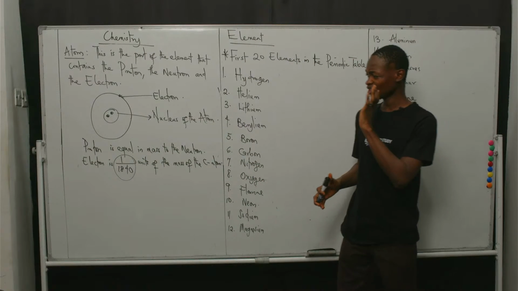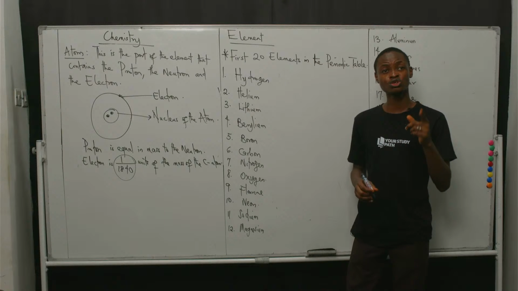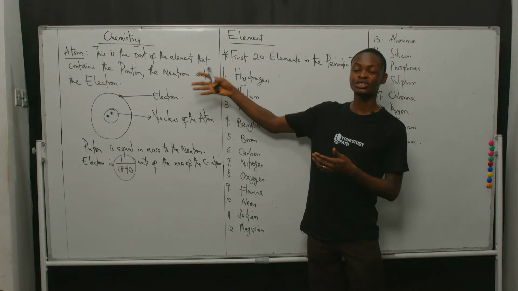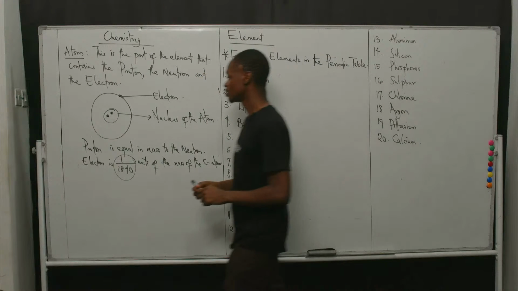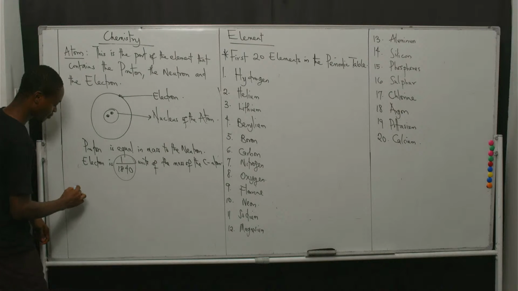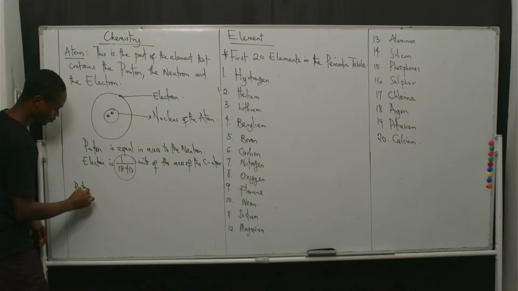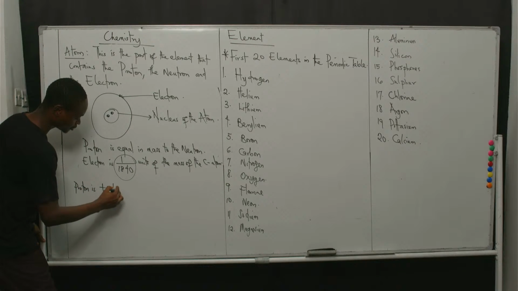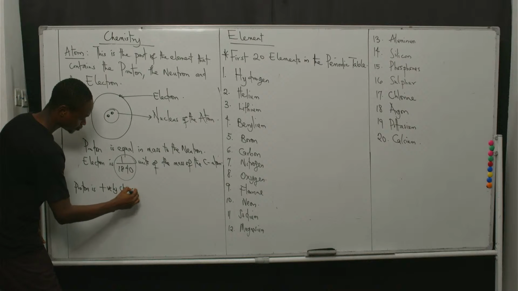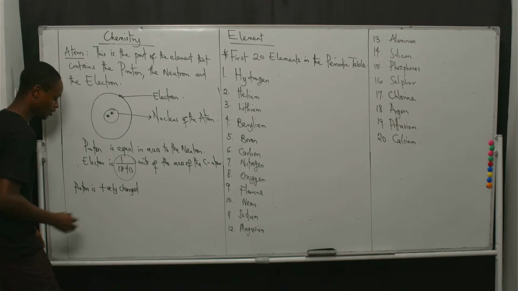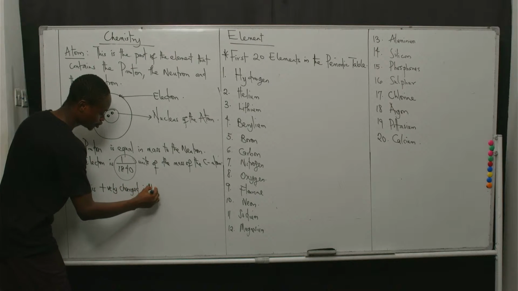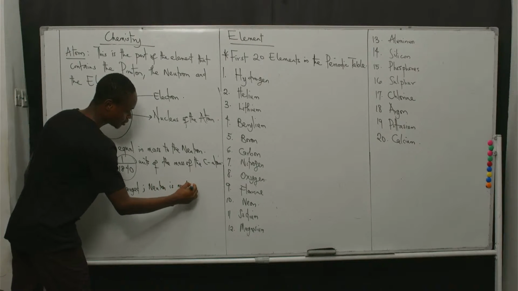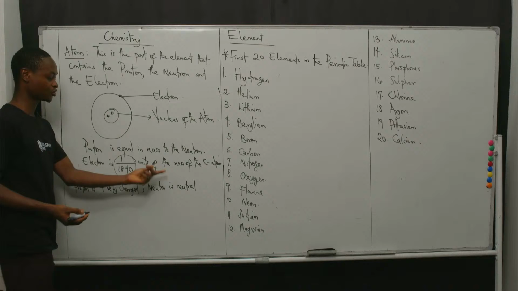Now, I haven't talked about the charge. The next thing to talk about is the charge on these constituents of the atom. The proton is positively charged. The neutron is neutral, just as the name implies. Neutron is neutral.